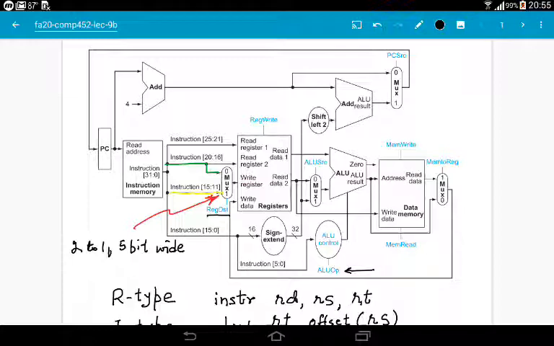When the processor is executing an R-type instruction, this yellow line goes to the write register input of the register file, and when it's an I-type instruction like load word or add I, subtract I, AND I, OR I, NOR I, SLTI, then this green line that contains the destination register number is written into the write register field of the register file.